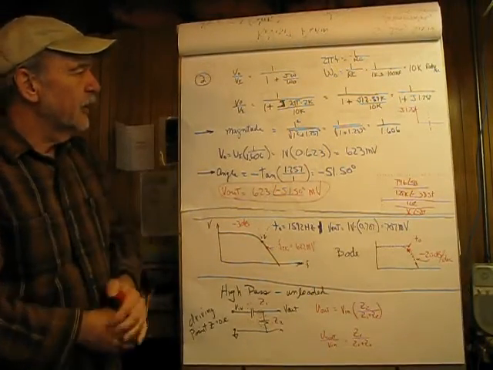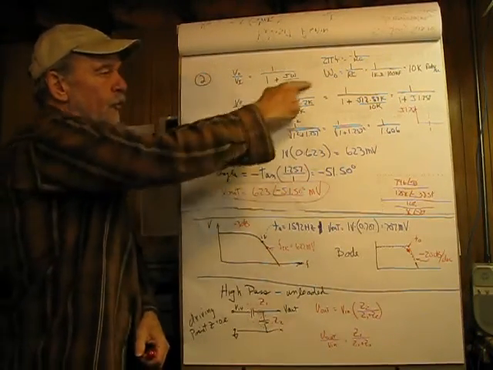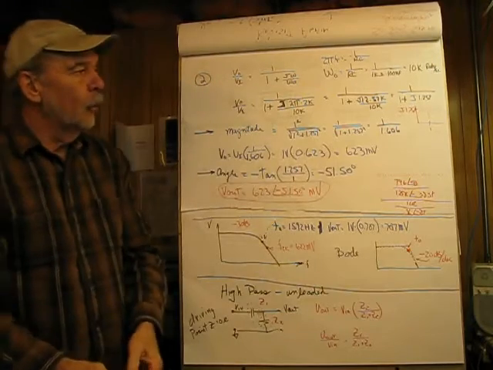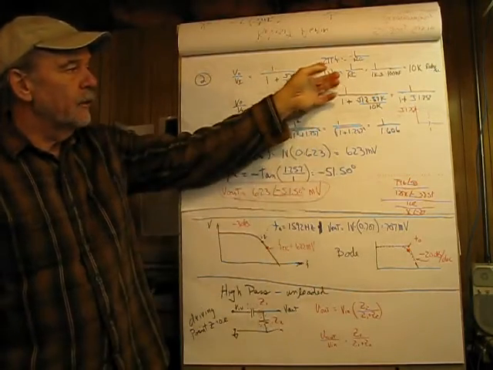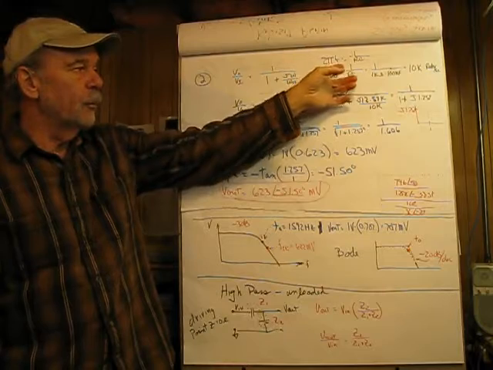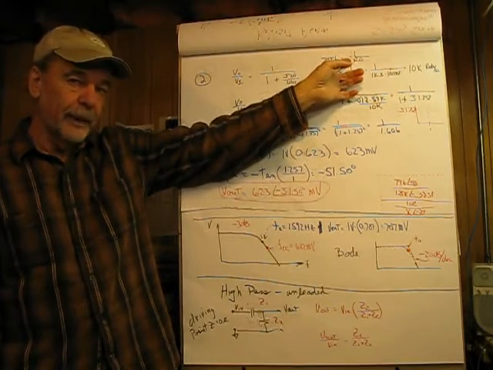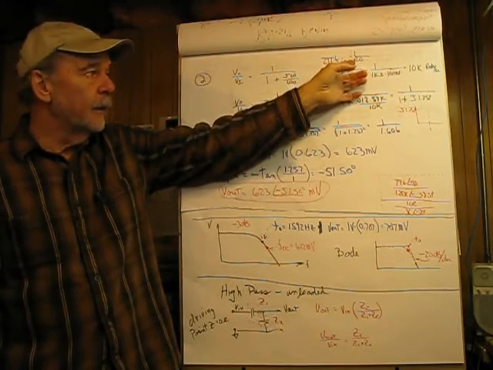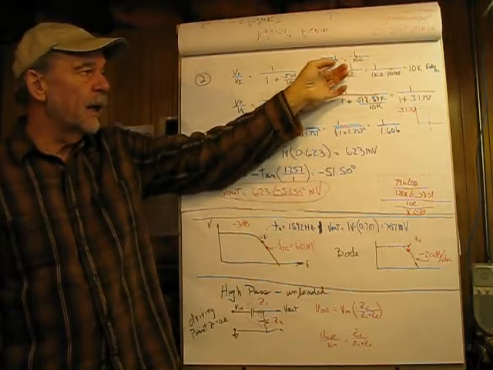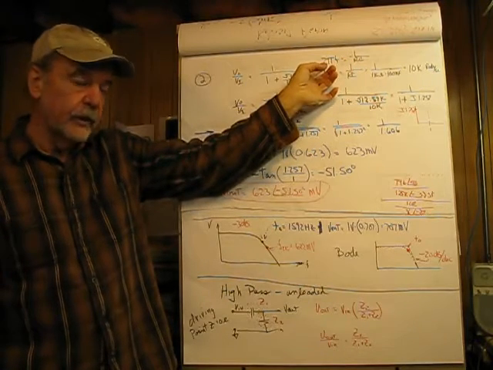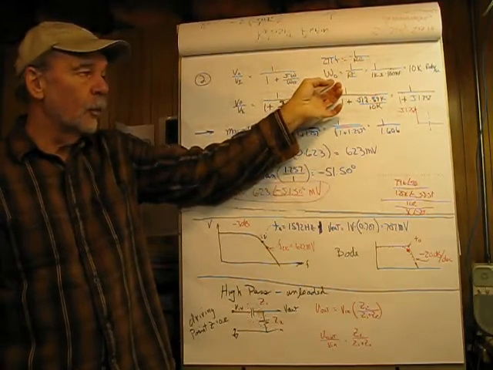And our next example here is we're going to be using this form, and what we have to recall is that the critical frequency F would be equal to 1 divided by 2 pi RC, and then multiplying both sides by 2 pi would pull this out to here, and this is equal to omega 0.